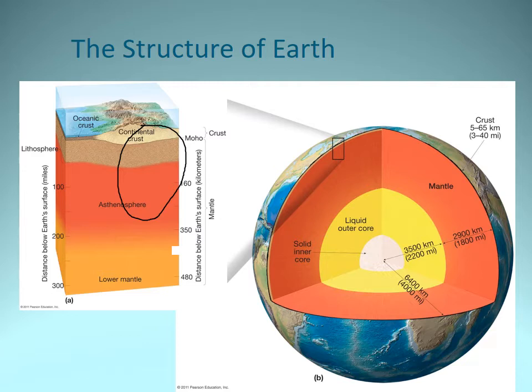Some students often ask me, well, how do we know that these are the layers within the Earth? Because we can't necessarily go down in there. The answer is seismic waves. So we have seismometers set up around the world. And when any kind of earthquake occurs, especially large ones, they send out pulses and waves across the Earth, and they go through the center of the Earth.